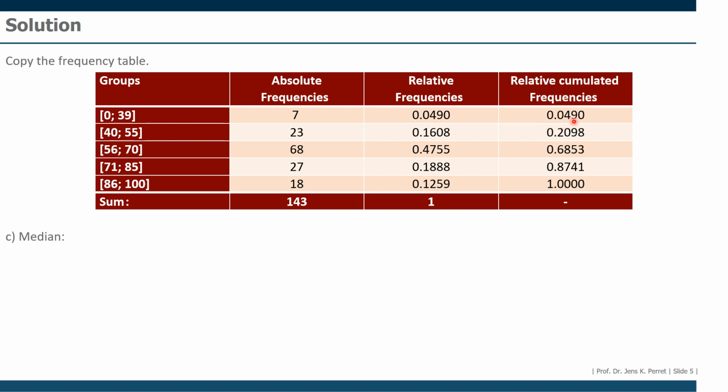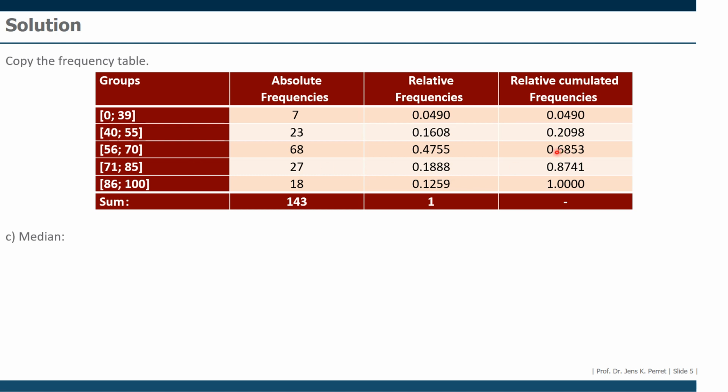So here we had 4.9% below, 21% roughly below, 68.53% above 50%. So this is the first class where we are above 50% with the accumulated frequencies. And that's our median class. So the median is somewhere between 56 and 70.